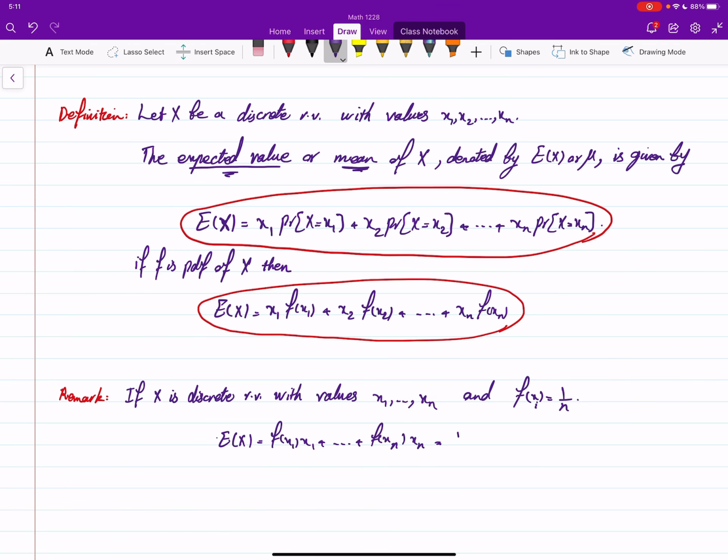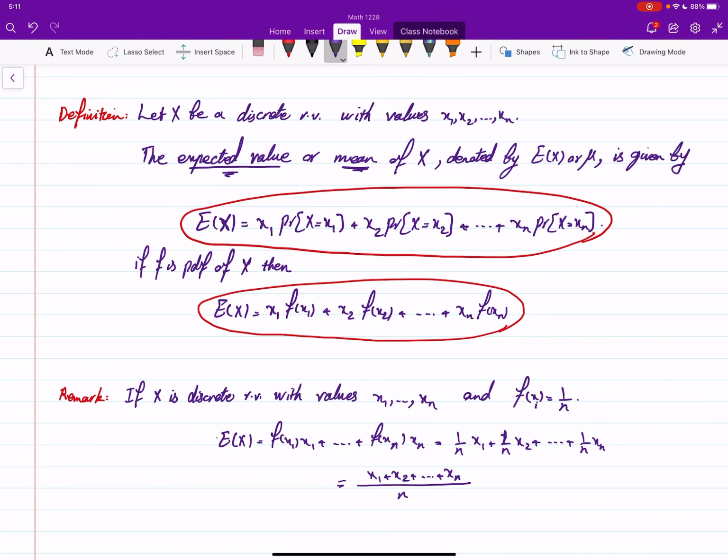So the first one is 1 over n x1 plus 1 over n x2, and this goes up to 1 over n xn. Find the common denominator, and you see that in that case, you basically have that average.